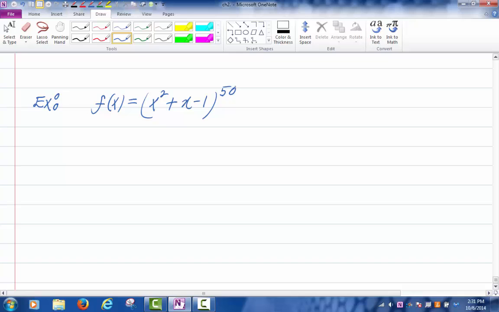Well, a lot of people are really afraid of chain rule. A lot of students I see at the end of the calculus course still can't use chain rule. Chain rule is really what you dream of. Chain rule is what you wish happens. So let's see what I mean.